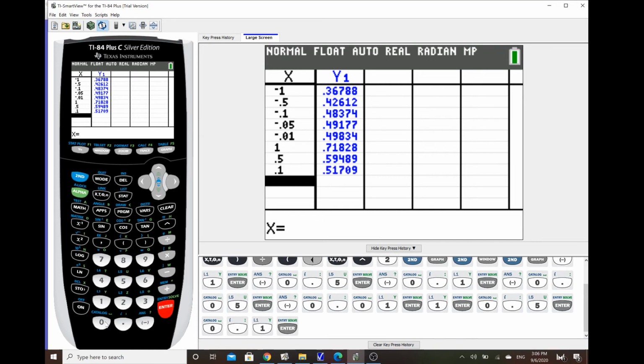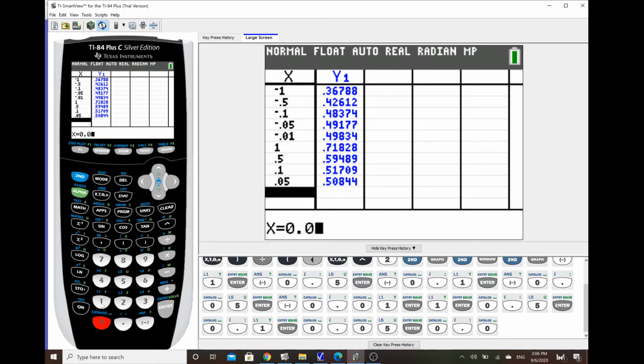Then 0.05, getting smaller, getting close to 0, and then 0.01. Compare the one with negative 0.01 and the one with 0.01. As you can see, the value eventually is going to get close to 0.5 at 0.